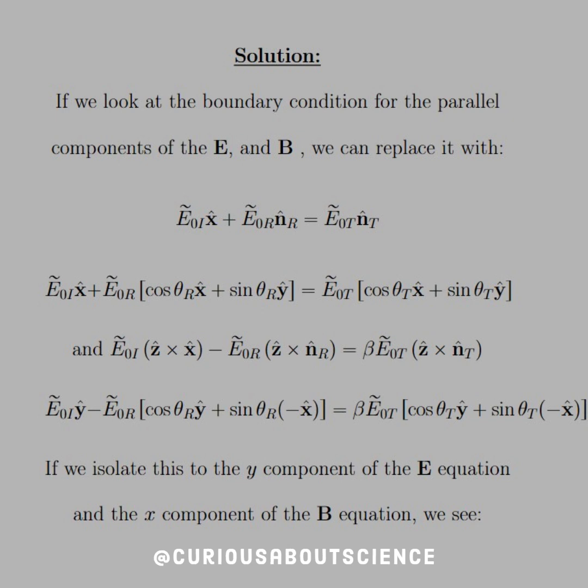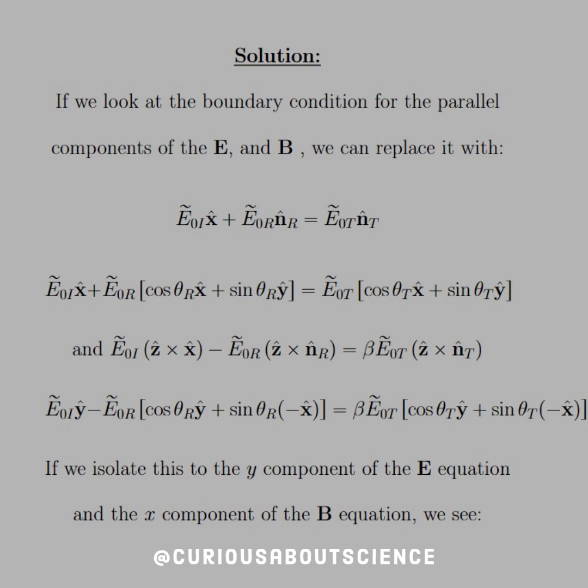All right, so once we're there, we see the magnetic field boundary conditions simplified: E naught I y hat minus E naught R with everything after the cross product. So z cross x gives us y, and then z cross y gives us negative x. Similarly, on the transmitted side, z cross x gives us y, and z cross y gives us negative x. So yeah, go ahead and put that there.